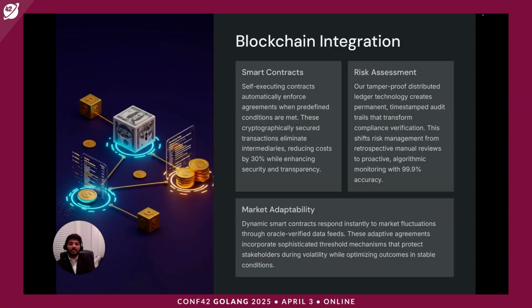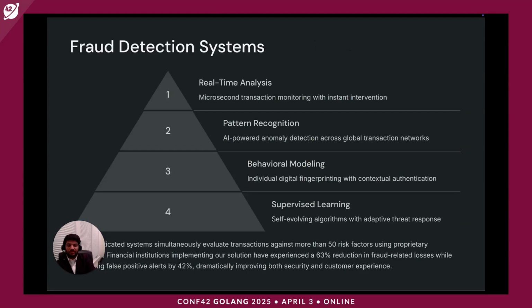Speaking of fraud, let's take a closer look at how we can stop financial crimes before they happen. Let's move to fraud detection systems. Fraud remains one of the biggest challenges in fintech, as we all know, and we take it seriously. To resolve this, with microsecond monitoring, transactions are analyzed in real time to prevent fraud before it happens.